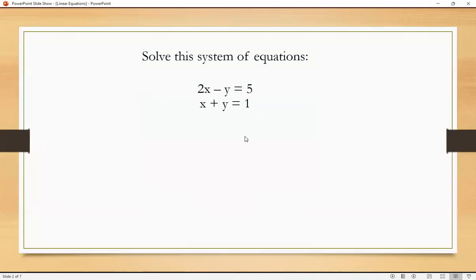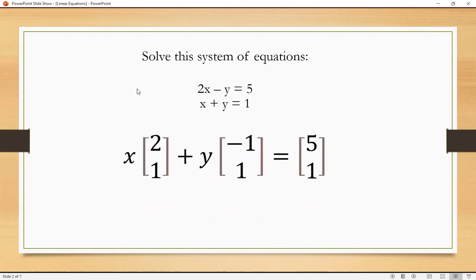So we are going to start with the same set of equations, 2x minus y equal to 5 and x plus y equal to 1. Now, we can observe that this set of equations can be rewritten as one vector equation like this: x times the column vector (2, 1) plus y times the column vector (-1, 1) equals the column vector (5, 1).